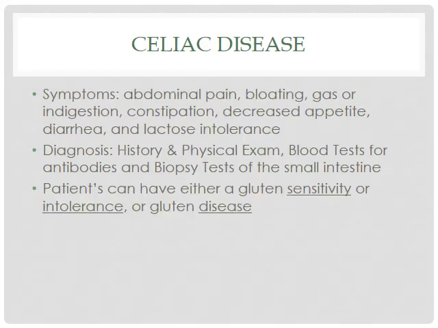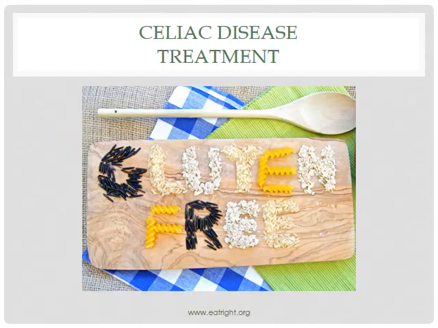Symptoms of celiac disease include abdominal pain, bloating, gas or indigestion, constipation, decreased appetite, diarrhea, and lactose intolerance. Diagnosis includes history and physical exam, blood tests for antibodies, and biopsy tests of the small intestine. Patients can have either gluten sensitivity or intolerance or gluten disease.